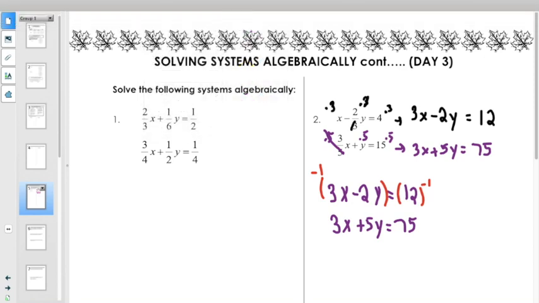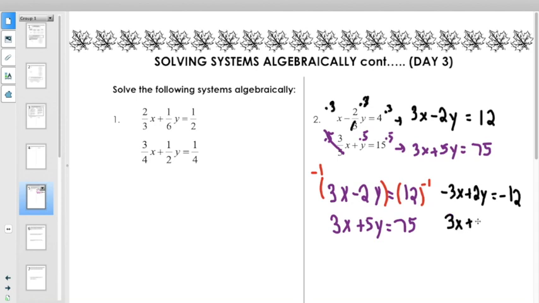So, if I multiply this whole piece by -1, I'm going to have -3x. Well, now I have -1 times -2y. Negative times a negative is going to be positive 2y, equals 12 times -1 is -12. And then this whole piece is staying, right? It's staying because I'm trying to cancel out my x's.